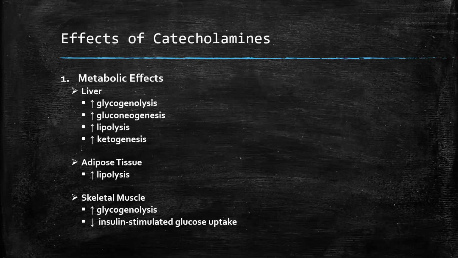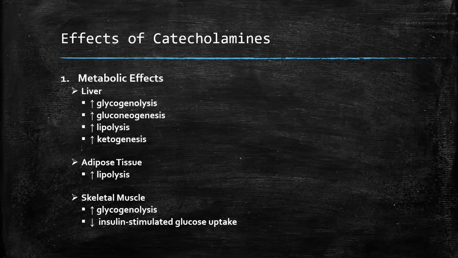So these catecholamines have a variety of effects. We'll talk about the metabolic effects first. Again, all of these, or at least most of them, go to support hyperglycemia. So in the liver, glycogen breakdown is supported, gluconeogenesis is supported, fat breakdown is supported. Again, you can use the glycerol backbone of triglycerides to make glucose. Later on, those triglycerides will be involved in ketogenesis, but not right away.